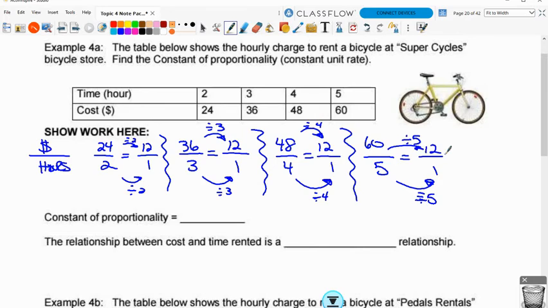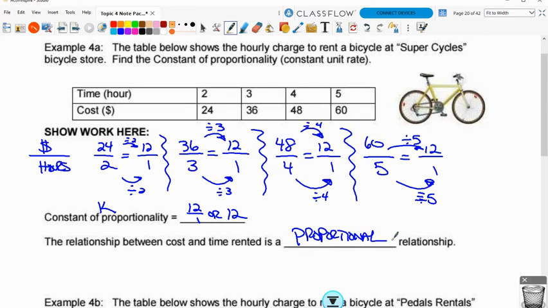Each unit rate simplified down to 12 over 1, so the constant of proportionality, that value of k, equals 12 over 1 or 12. Either one of those is an acceptable value of k. Again, all of the values of k were equal, so the relationship between the cost and the time rented is a proportional relationship.